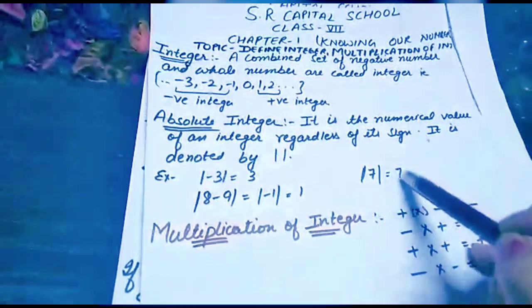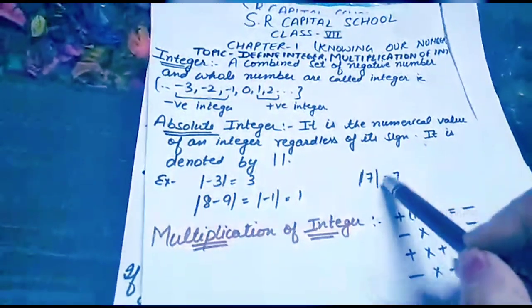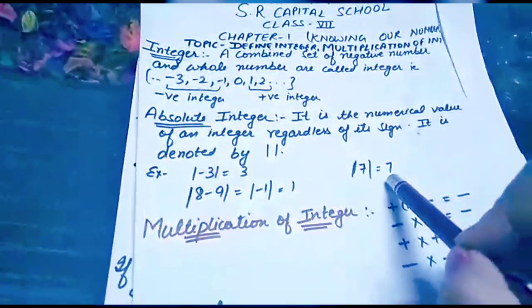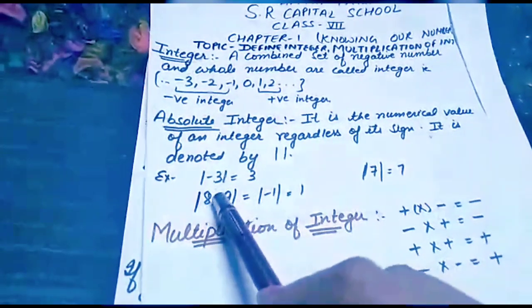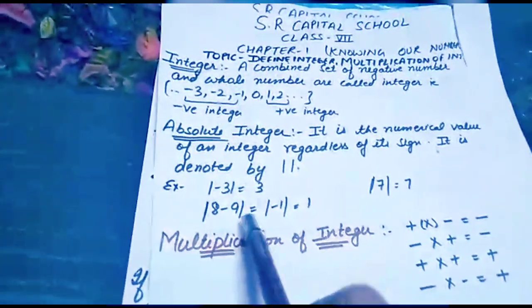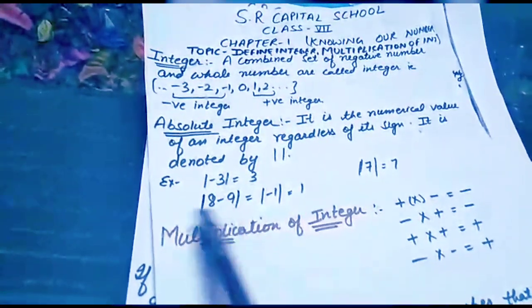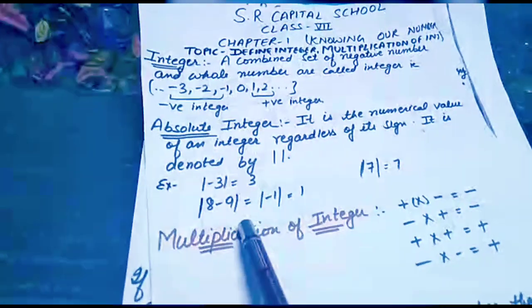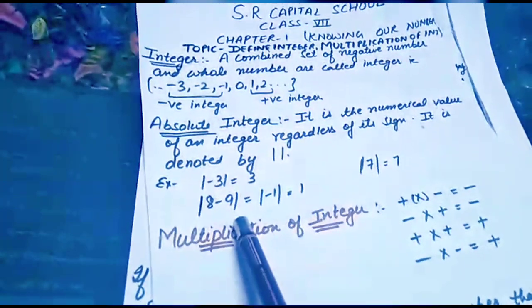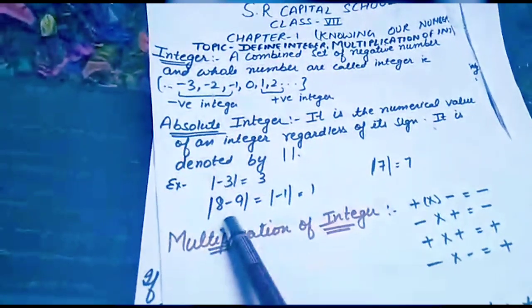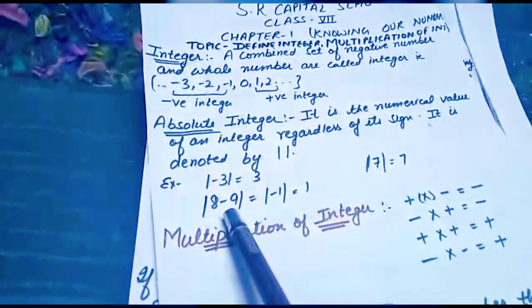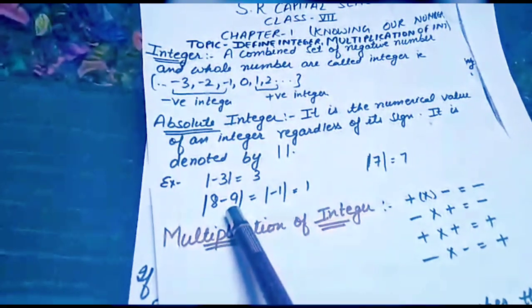When we put plus 7 between the two parallel lines, we get 7. Another example: when 8 minus 9 is placed between the two parallel lines, two parallel lines mean an absolute integer. We find the absolute integer of that question.